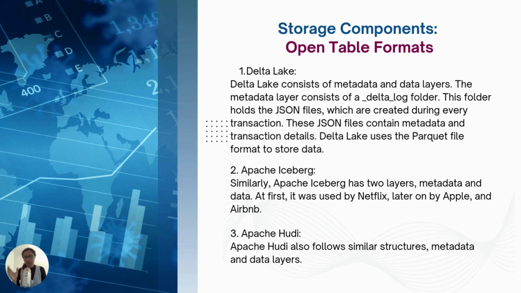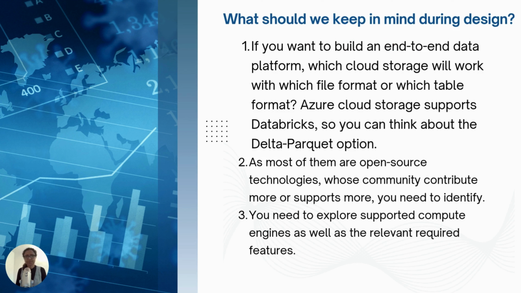If you want to know more about this, you can check in Google about Apache Hudi, Apache Iceberg, and all those things. Delta Lake is what we normally use very commonly. Also, I will give you some comparison studies among Delta Lake, Apache Iceberg and Apache Hudi. I'll provide all the links in the description section.